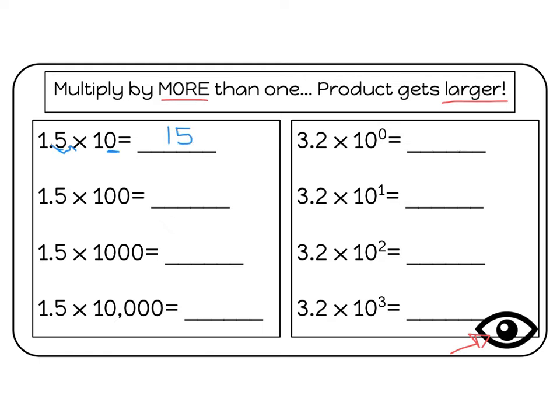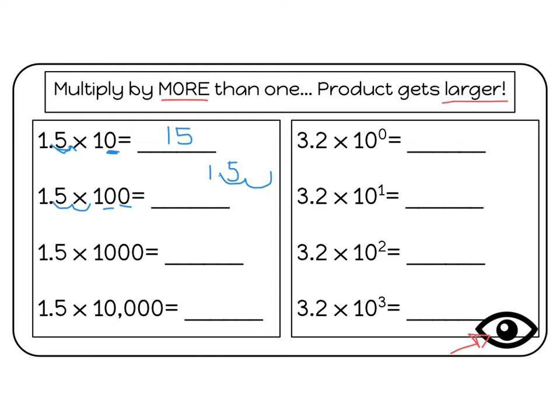So our decimal was here, and we moved it over one place value because we had 1 zero. Now notice we have 1.5 again, but now we have 2 zeros. So I'm going to take this and I'm going to move it 2 place values. Now I'm going to write this over here so you can see it. If I had 1.5 and I go 2 place values, that means I have a hole.